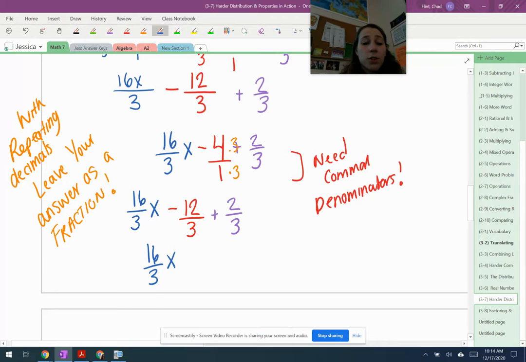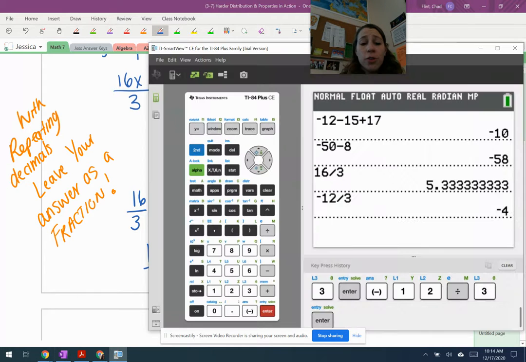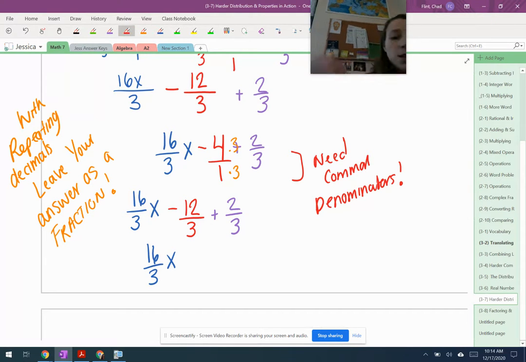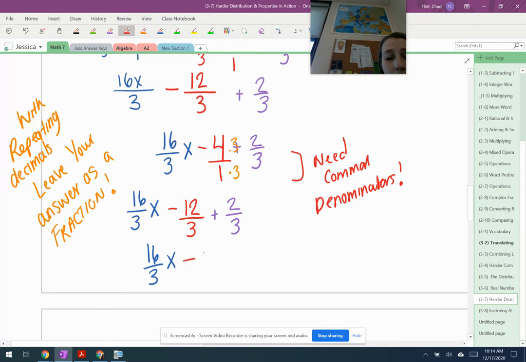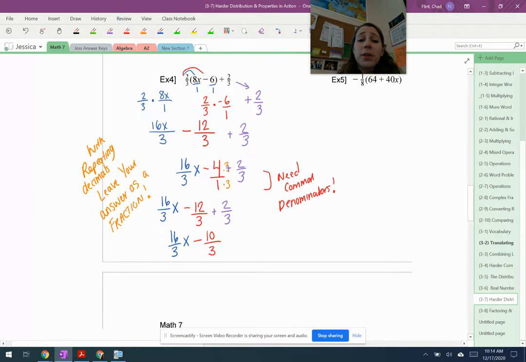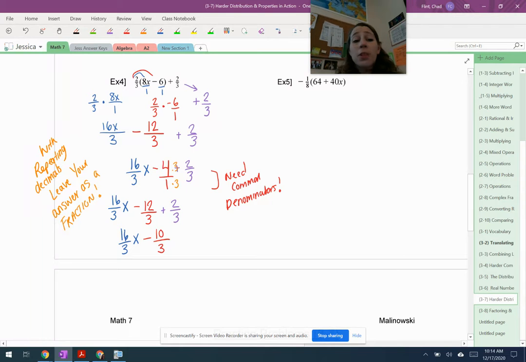And here you can jump to your calculator. Negative 12 plus 2 is negative 10. So minus 10 over 3. So a little bit of complication there with that 2/3, but really nothing too bad. Nothing that you guys can't handle.